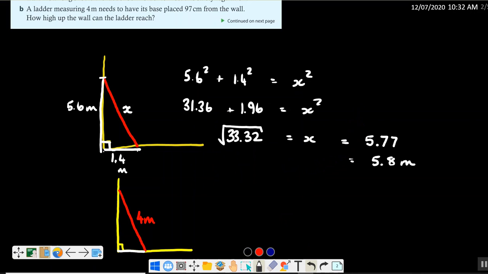It's in centimetres, right? But this is in metres, so what do I have to write it as? Not 97, but 0.97. Yeah? Have to be careful. This is in centimetres, this is in metres, so you have to be aware.